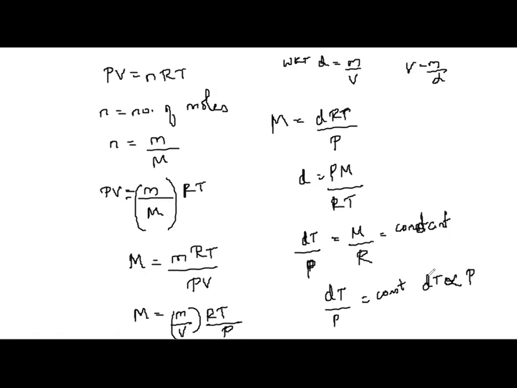Yes. So gas densities differ from those of solids and liquids. Gas densities are generally stated in grams per liter instead of grams per cc. From all these equations, we come to the conclusion that I can write this also as: D is proportional to P and inversely proportional to T. So density is directly proportional to pressure and inversely proportional to temperature.